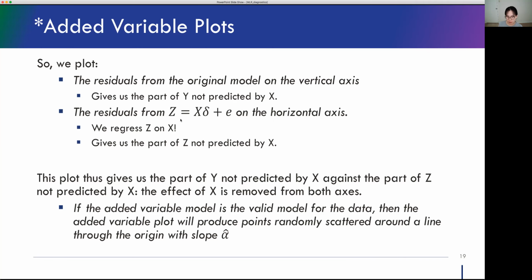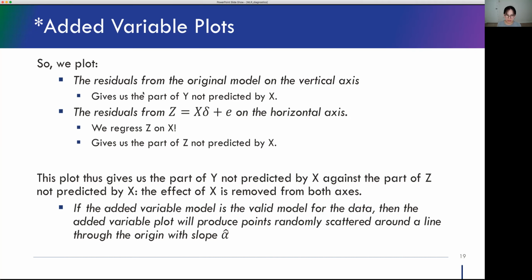Look at this model: we regress z on x, and the residual from this one will give us the part of z not predicted by x. The residual is what is not explained or modeled by the predictor x.